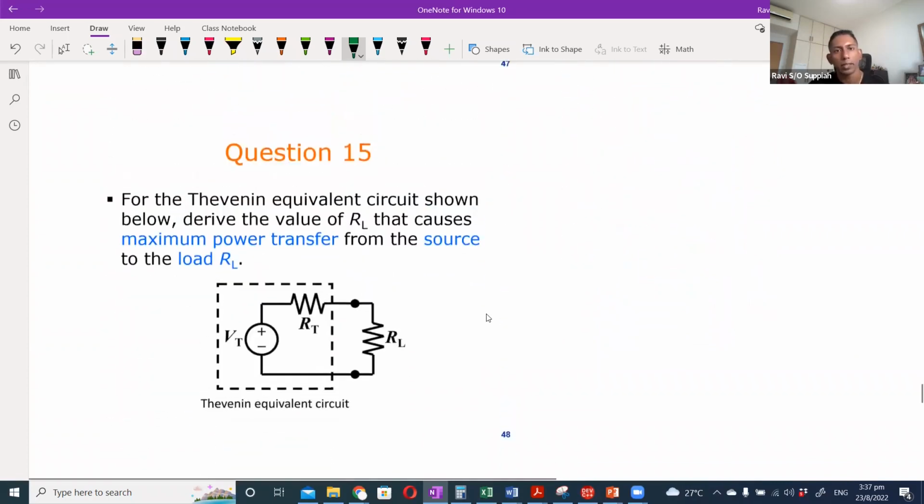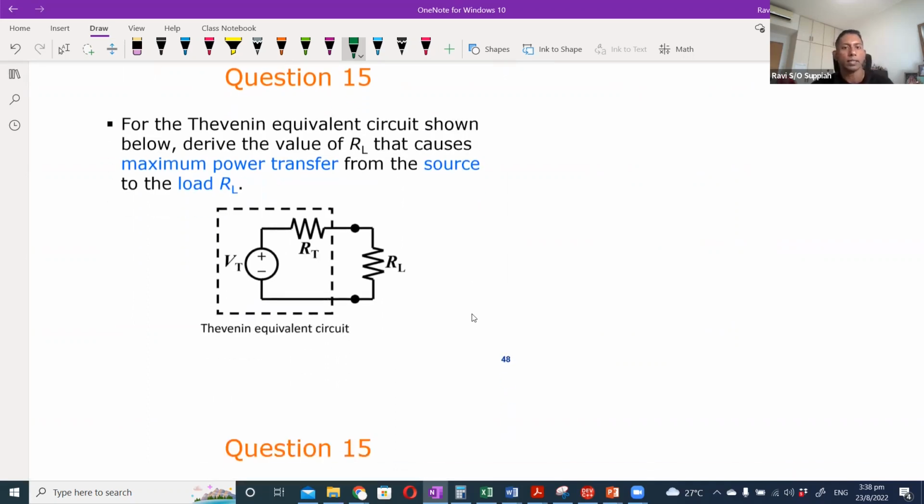Okay, question 15. Question 15 is more of understanding this thing called maximum power transfer. The idea behind it is, when you have a Thevenin's equivalent circuit, you know that your circuit is already simplified to a single voltage and single resistance. What value of RL would allow the maximum power to be transferred over?